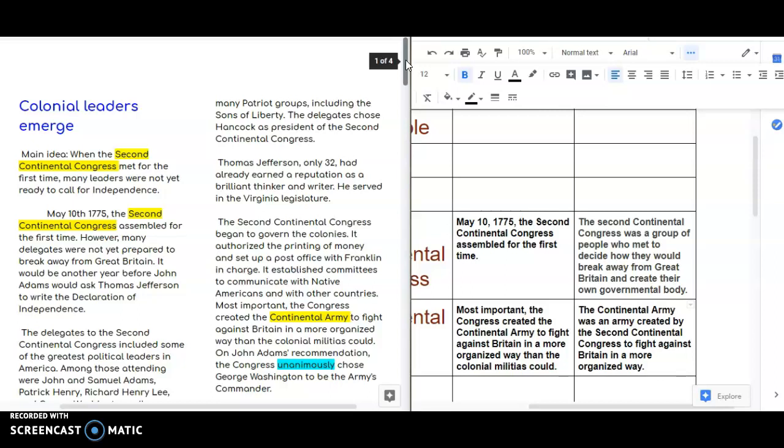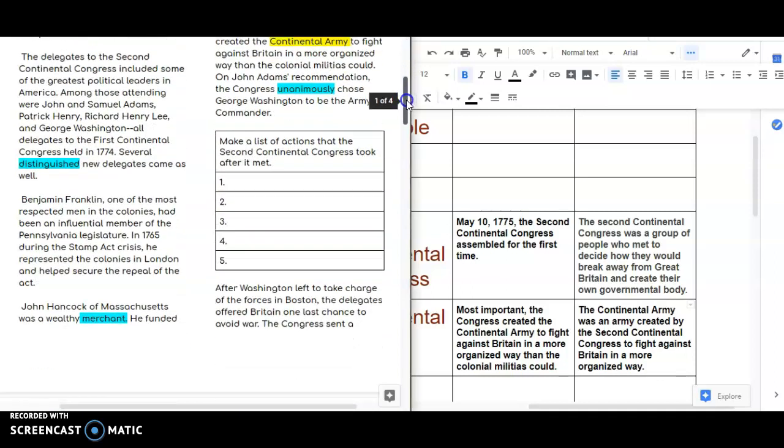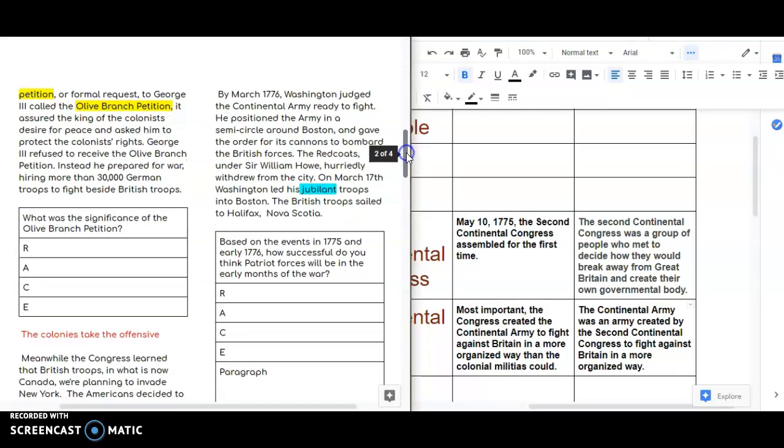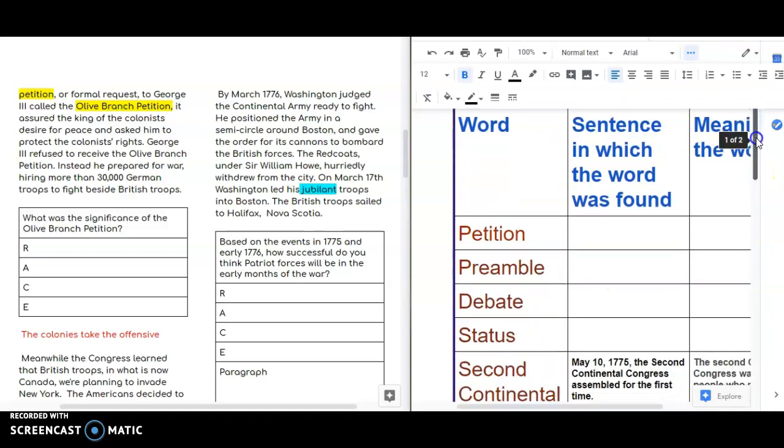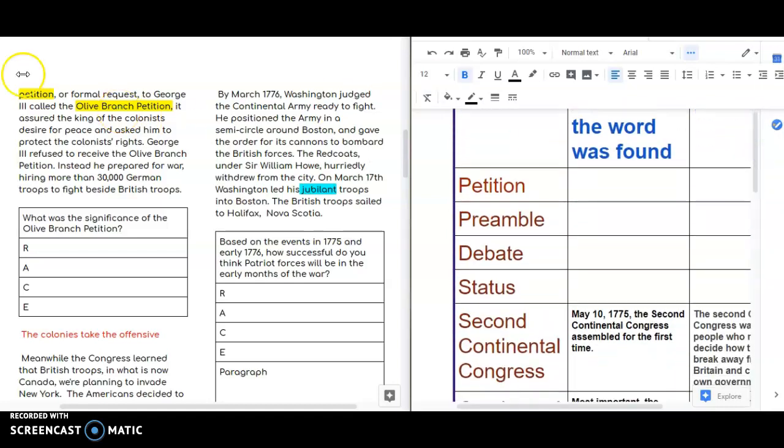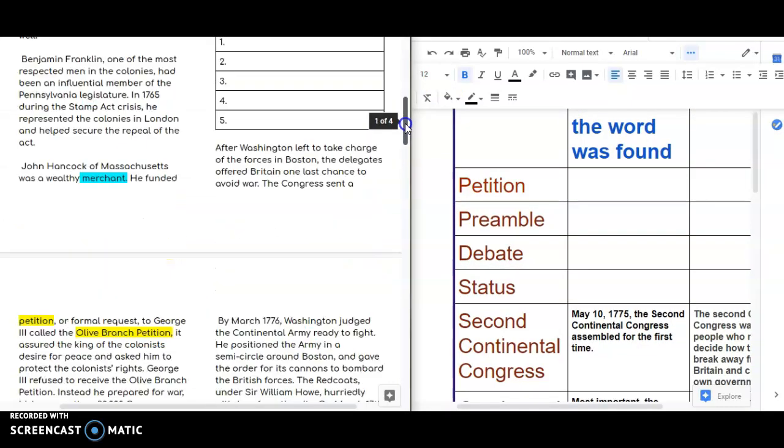So the next word that I'm going to come across is petition. I'm going to go up to find the word petition, and then type the sentence where I found it.